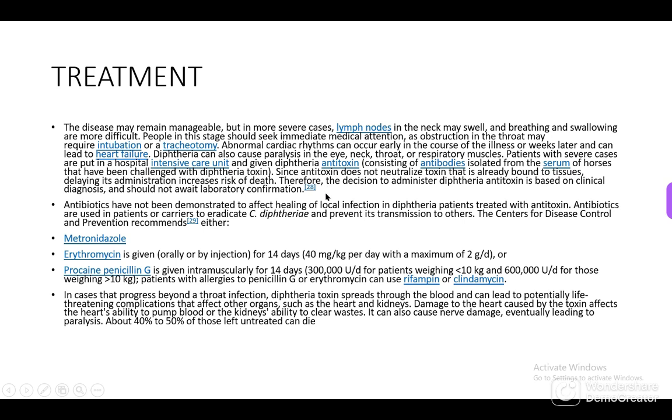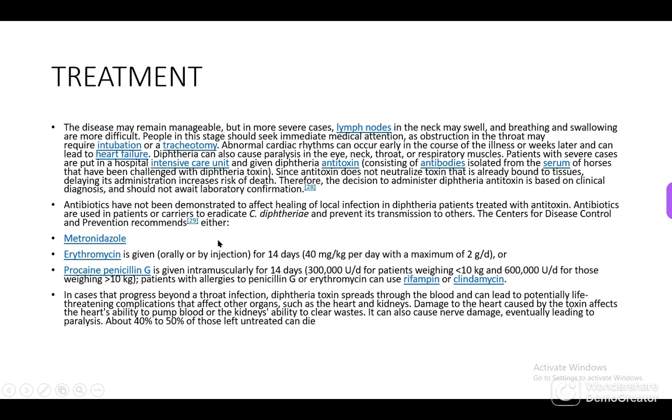Antitoxin does not neutralize the toxin that is already bound to the tissues, so if it is bound, anti-diphtheria serum will not act. Delaying its administration increases the risk of death. You have to give ADS as soon as possible. The first time you detect it, give the steroids and the ADS.